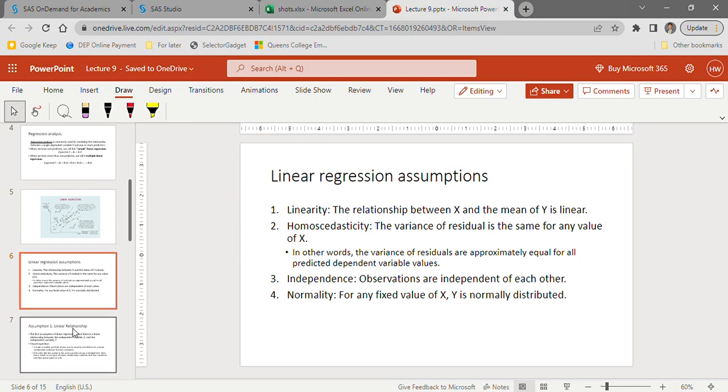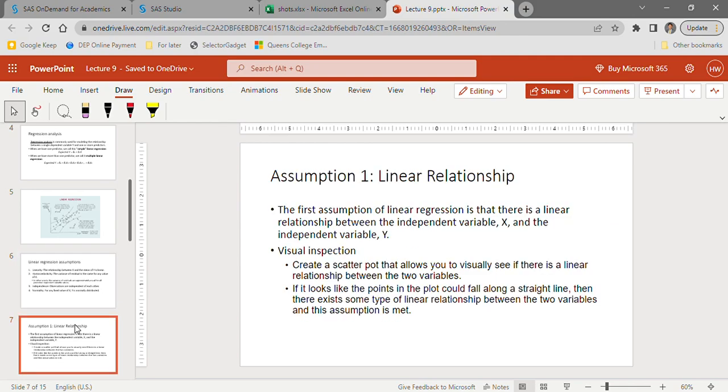Okay, great. So, assumption number one, linear relationship. The first assumption of linear regression is that there is a linear relationship between the independent variable x and the dependent variable y. We test for that by creating a scatter plot, and that allows you to visually see if there's a linear relationship between the two variables.